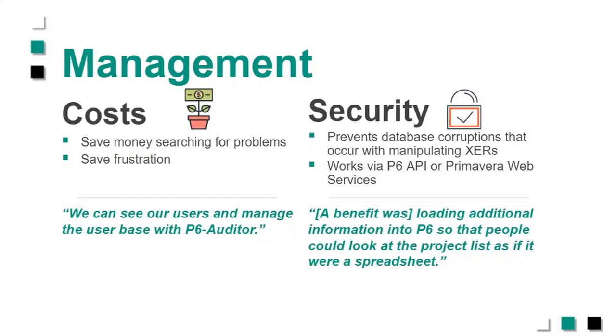Now, of course, saving money, saving frustration, searching, we touched on that. And it can be important to have these backups. Okay, so the P6 Loader has those backups that you can get at. There's not an easy way to do that otherwise. Yes, you can use the XML exports in the functions, the job services, but you have to remember to add new projects.